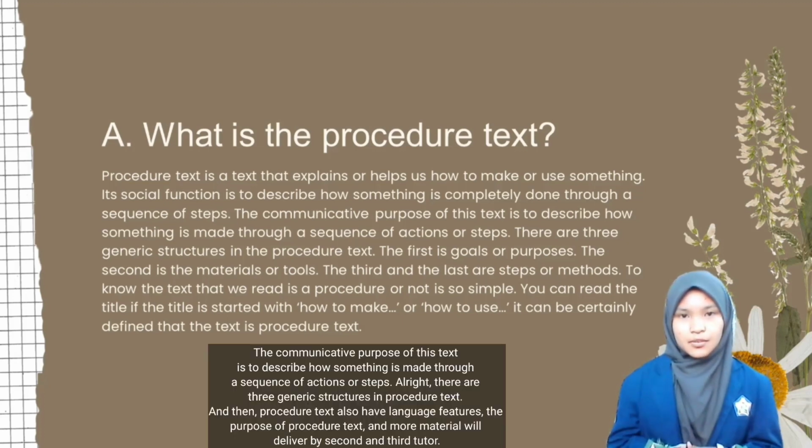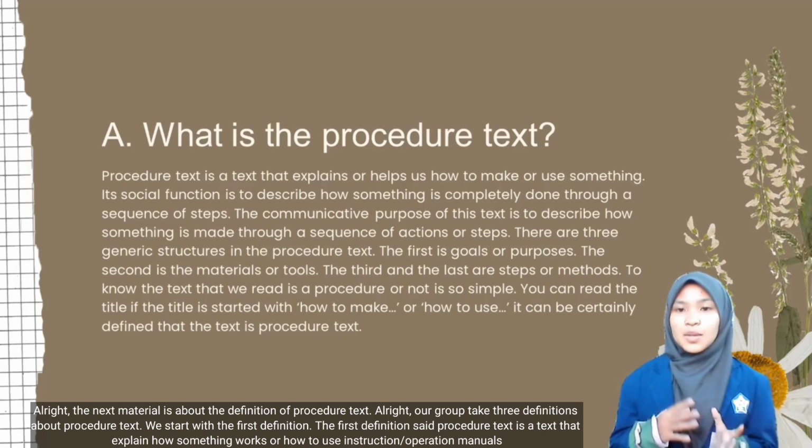The communicative purpose of this text is to describe how something is made through a sequence of actions or steps. All right, there are three generic structures in procedure text, and procedure text also has language features and a purpose. The rest of the material will be delivered by the second and third tutors.